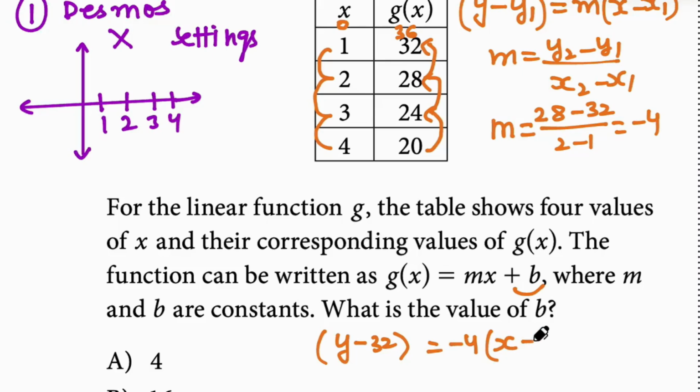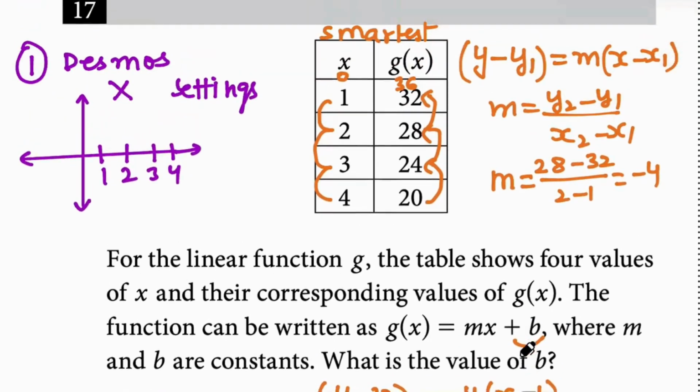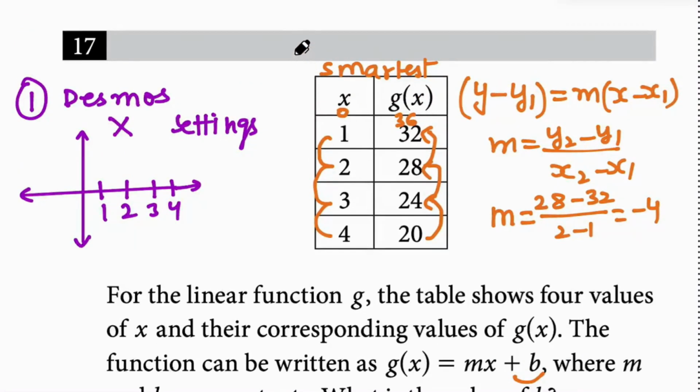So y minus 32 is equal to negative 4x plus 4, adding 32 on both sides, negative 4x plus 36. This is the proper formula way, and this is the logical way, and SCT demands this.